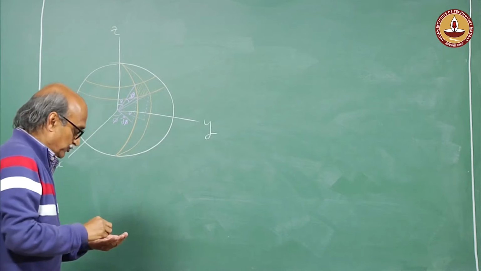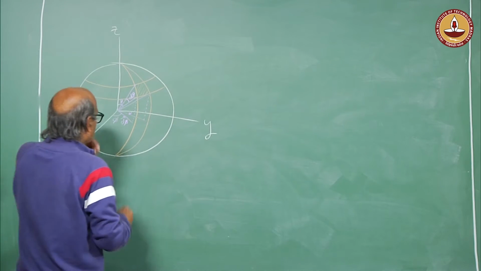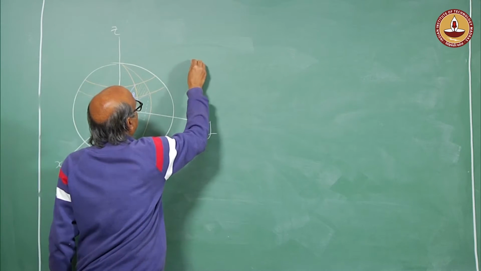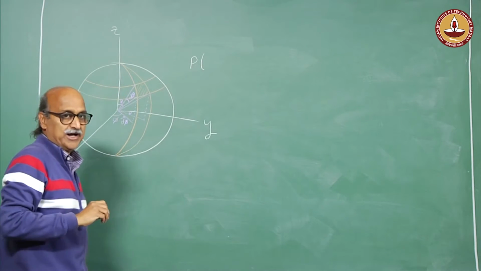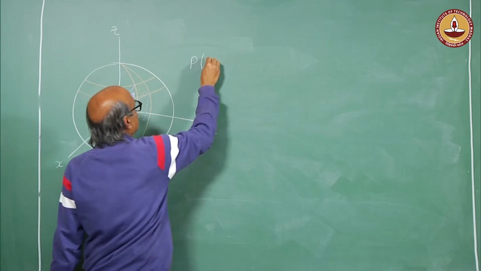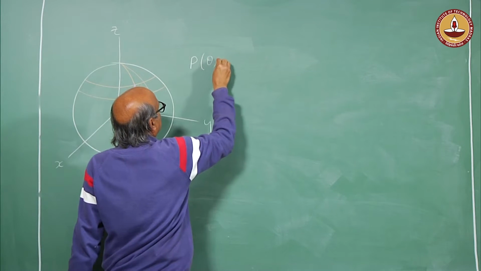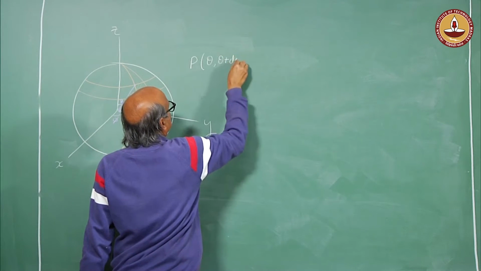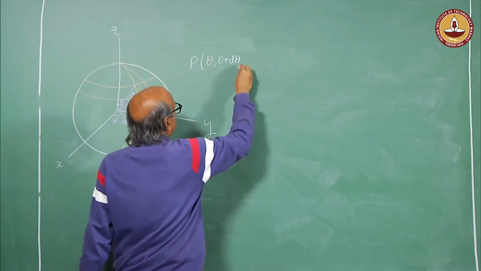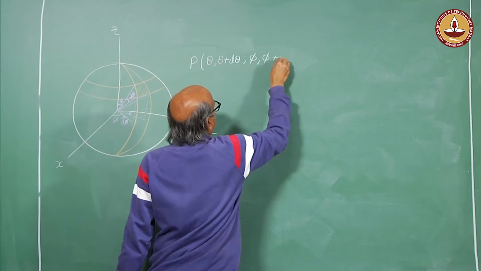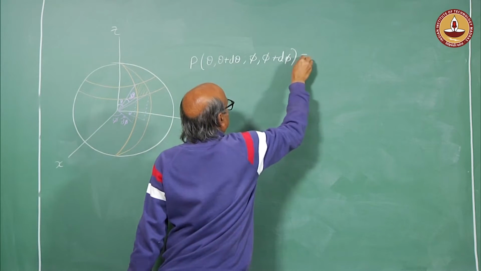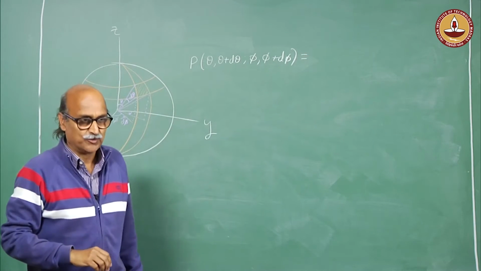Okay. So, now it is a simple matter by saying that the probability that a random orientation lies between theta and theta plus d theta and phi and phi plus d phi, this is the probability that I want to find.